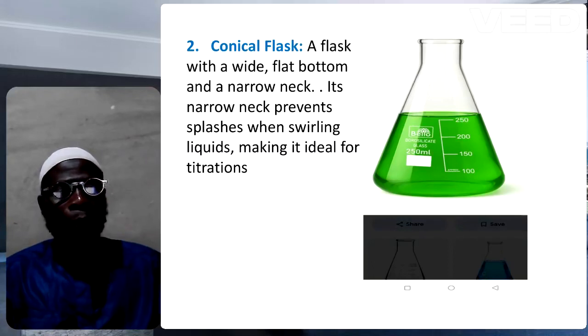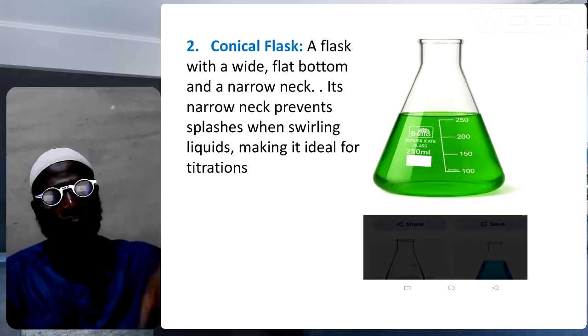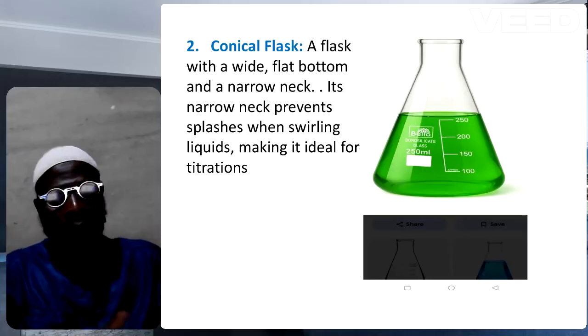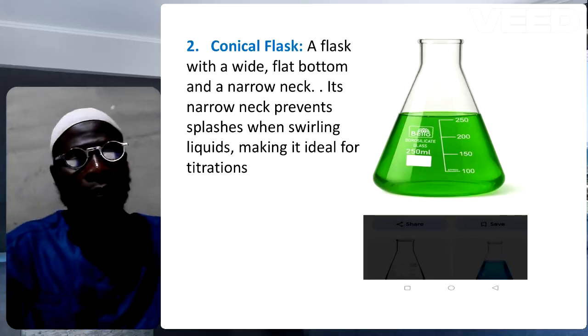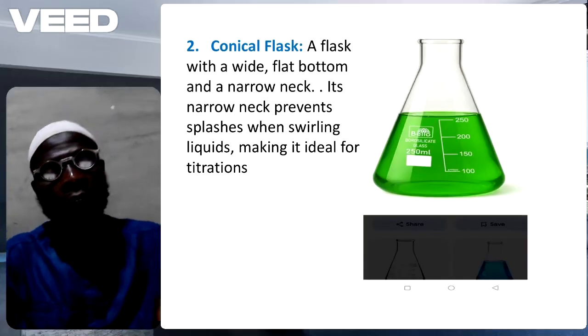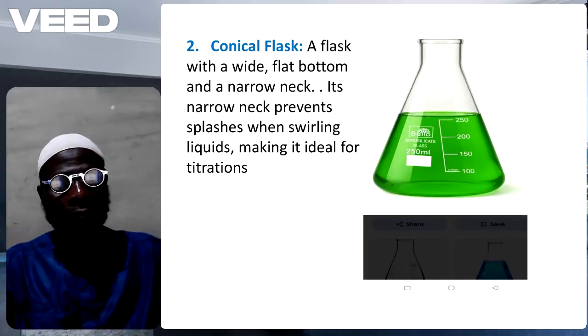So when we do titration, we use the conical flask just to hold the chemical, like that of the first one. It's a flask.